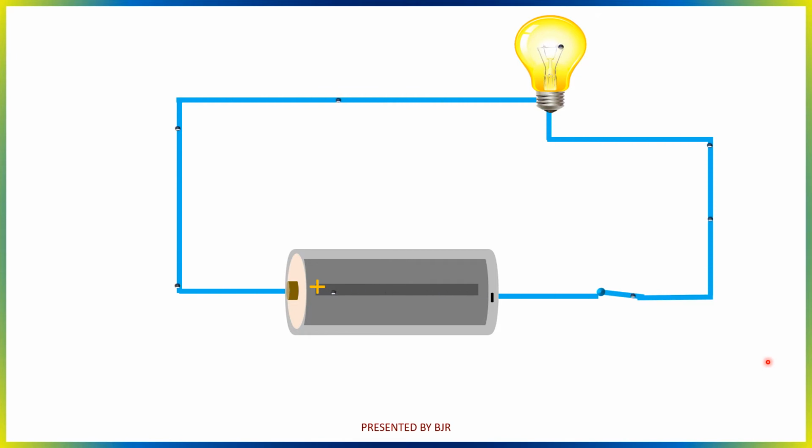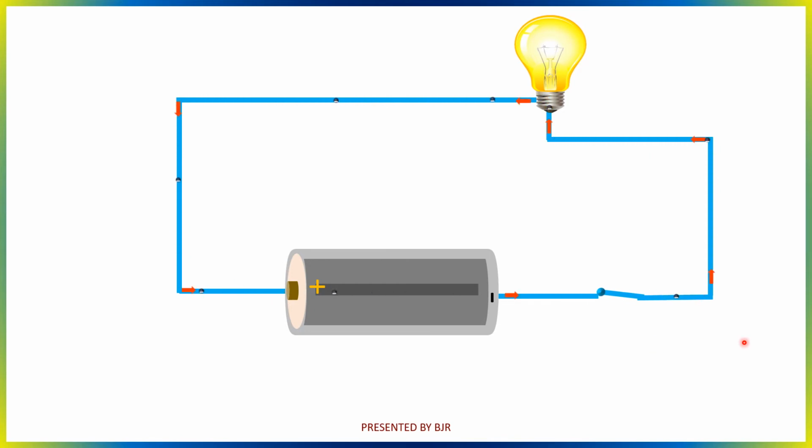So here I am showing you the direction of electron current by means of arrows. The direction in which arrows are moving through the circuit indicates the electron current. Electron current means the direction of flow of electrons in a circuit. It is from the negative terminal to the positive terminal of the battery. So this is called the electron current.